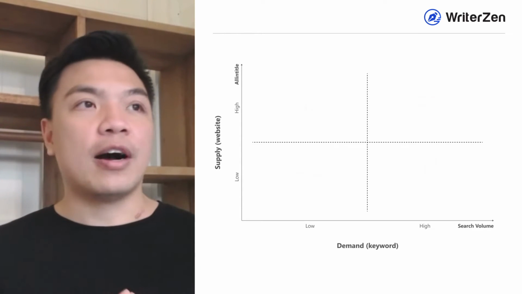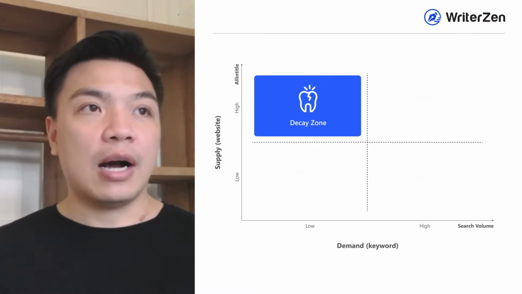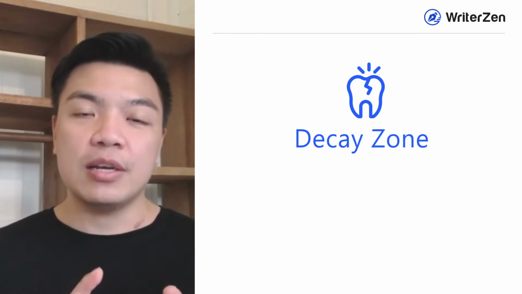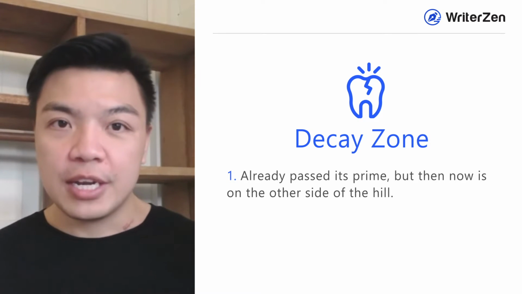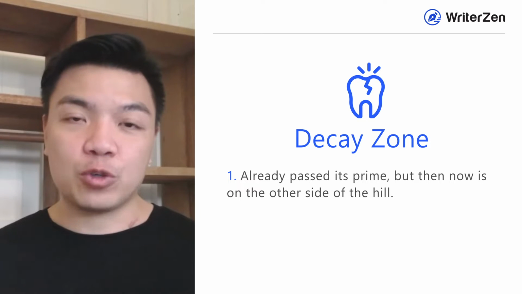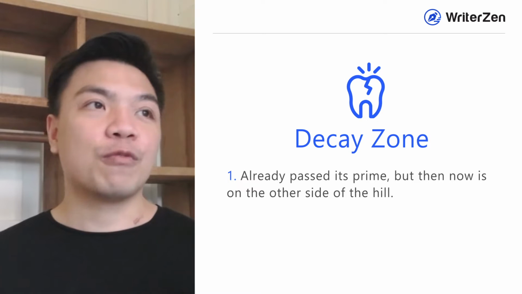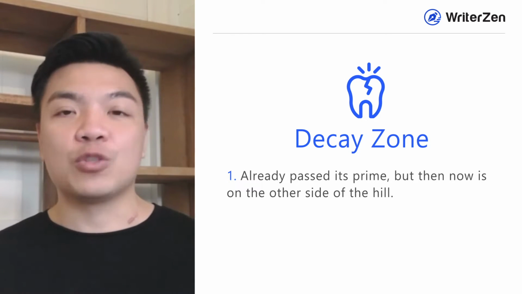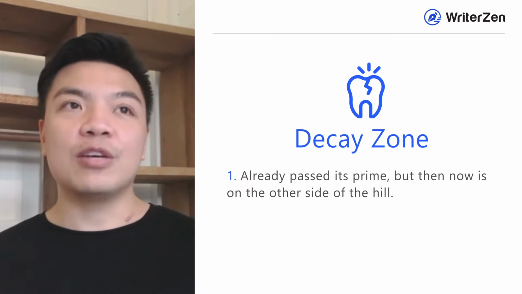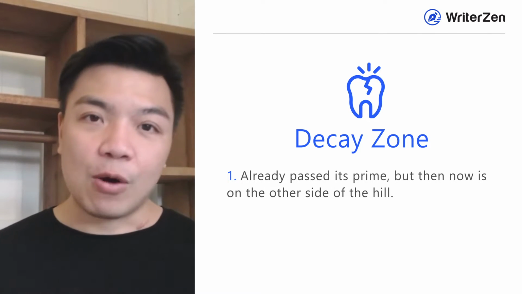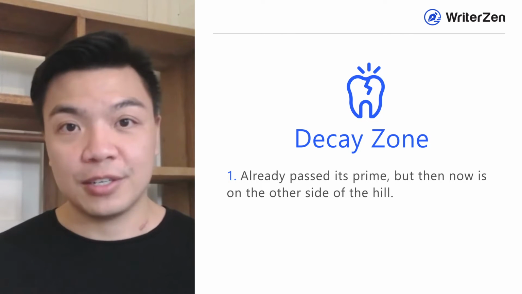So what are these four parts? The first zone is what we call the decay zone, right? In the decay zone are essentially all the keywords that used to be very trending. They used to have really high search volume, and a lot of websites tried to target that keyword, but they no longer are. For example, PS5 in 2020. That keyword was very hot at some point during 2020, but by now it is no longer hot, right?